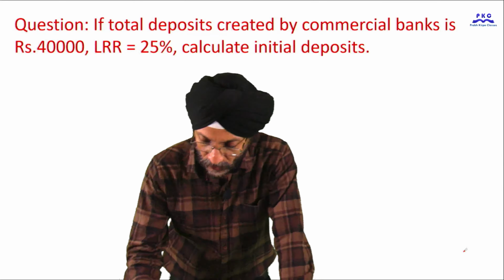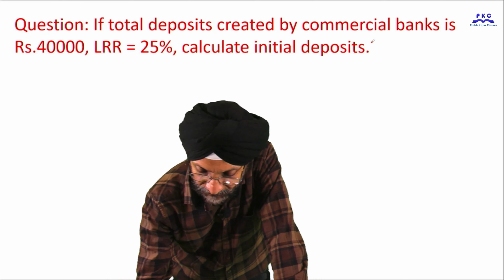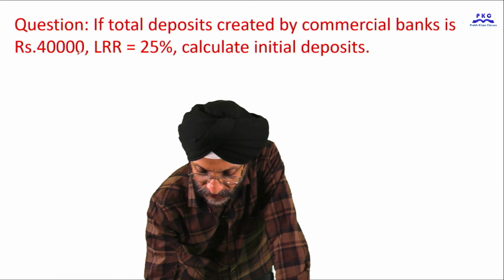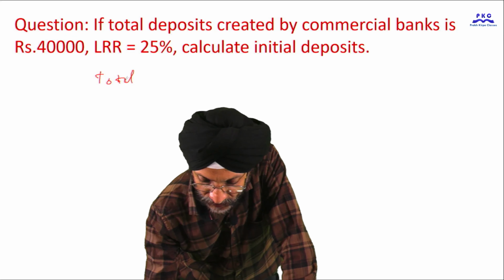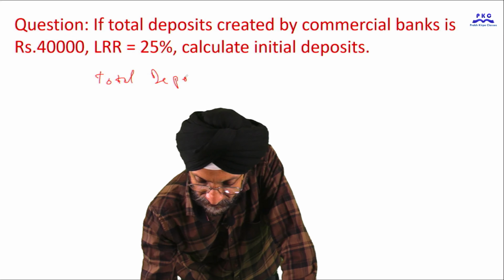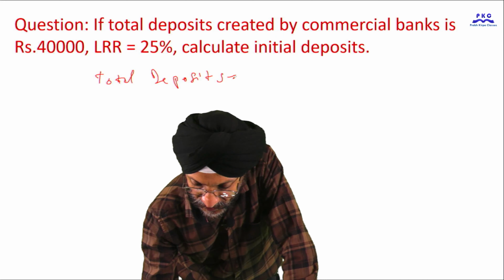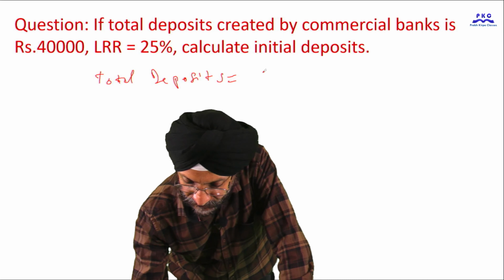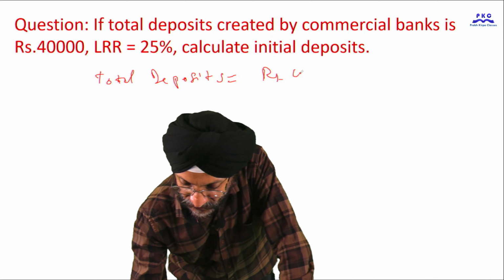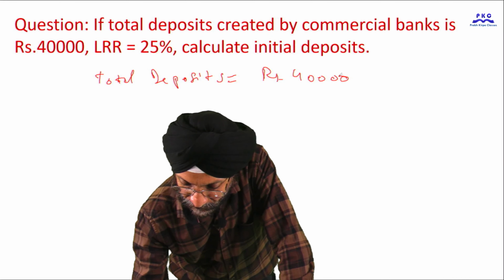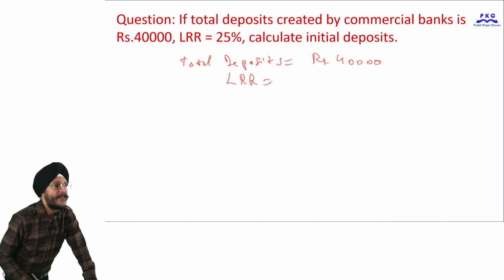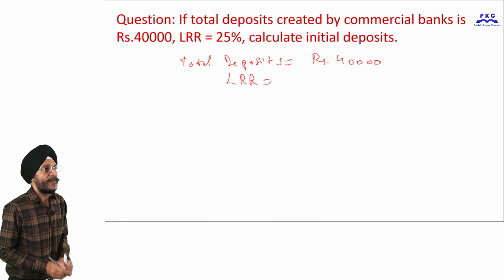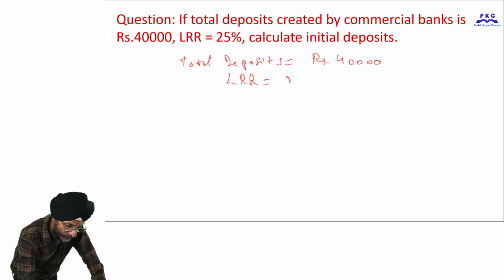So here there is again one question. If total deposits created by commercial banks is $40,000, so total deposits in this question are rupees 40,000. LRR, that is the legal required ratio, is 25%.